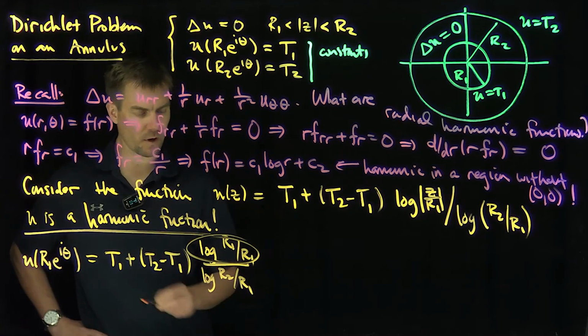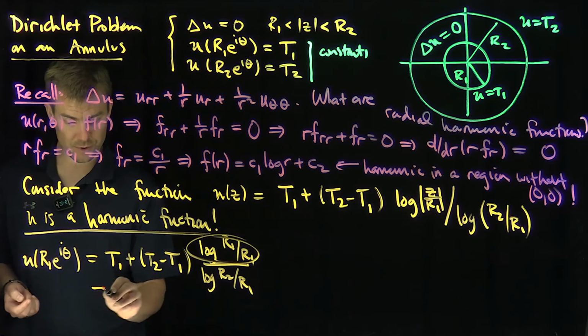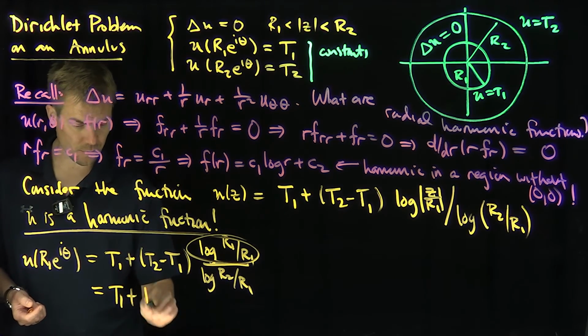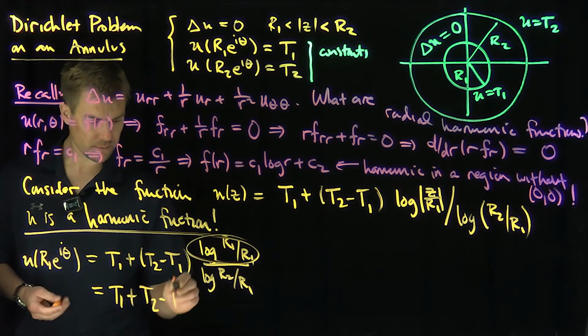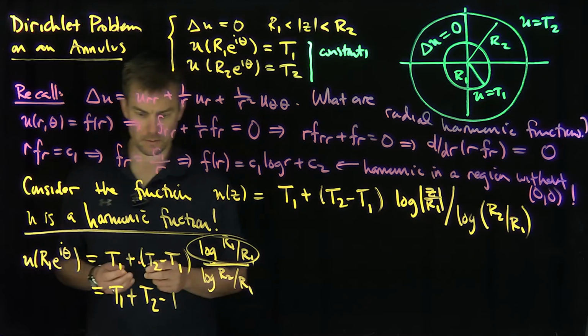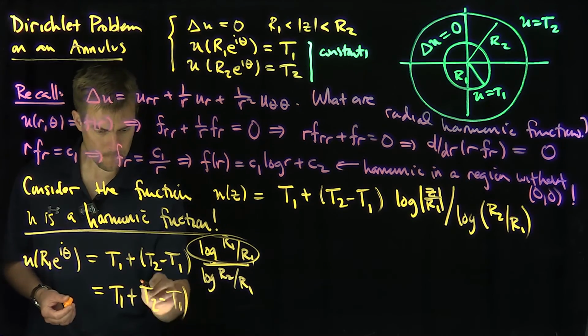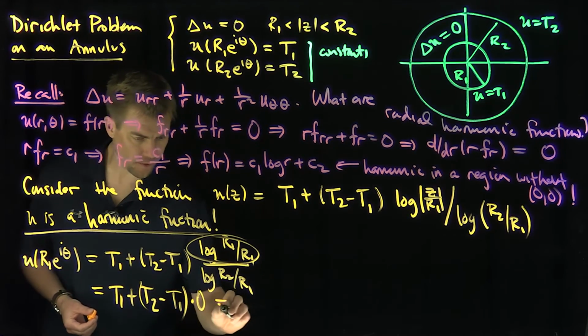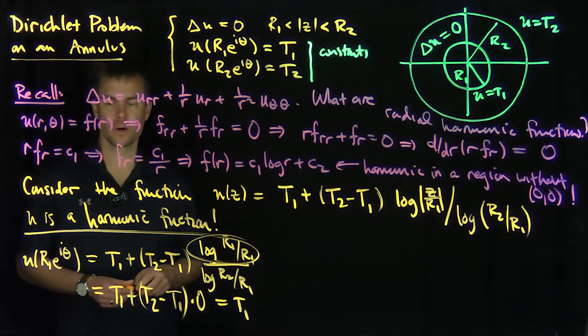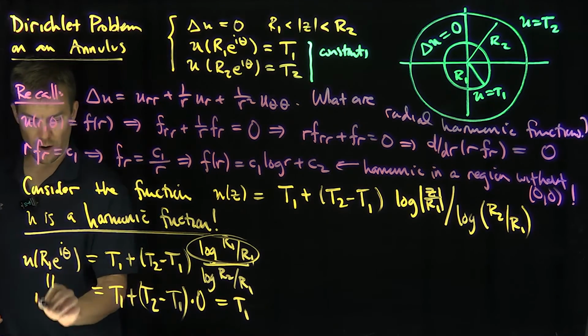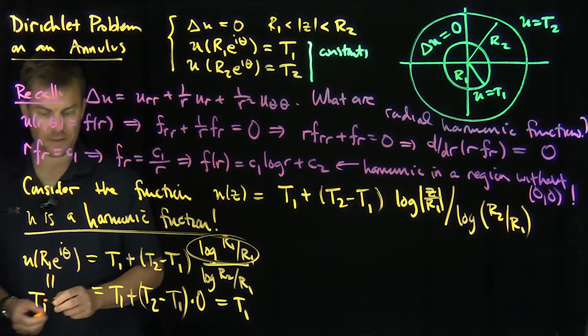But the log of r1 over r1 is just the log of 1, which is 0. So this is just T1 plus (T2 minus T1) times 0, right? And that's just T1. Good. So it satisfies the right boundary condition.